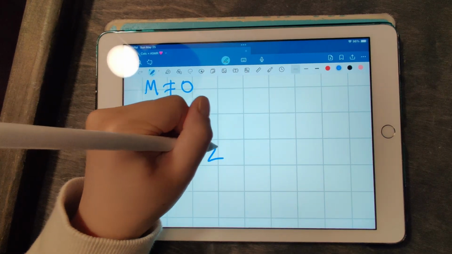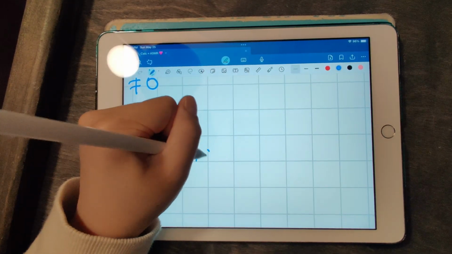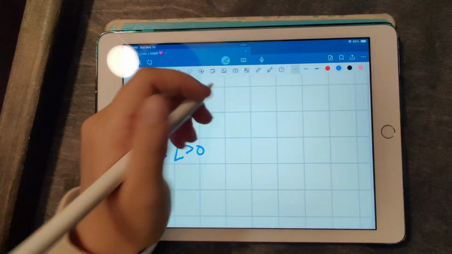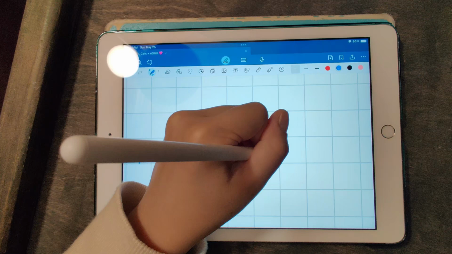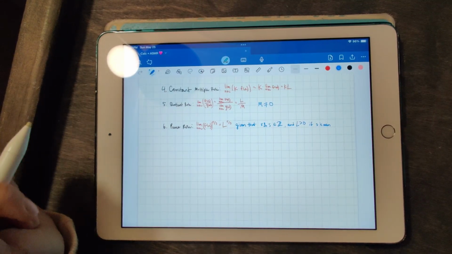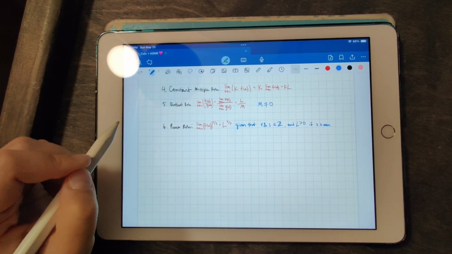I'm just going to write that r belongs to the set of integers, and we need L greater than 0 if s is even, because when you consider the negatives and everything, it gets really messy. But for the most part, this power rule is pretty intuitive as well.